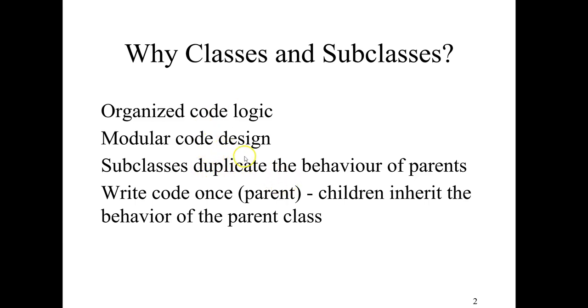We want the similar behavior, but we don't want to rewrite the code. And it also forces us to be organized into hierarchy. We have parent, general things that are done in this code, and the code in subclasses has all the capabilities of the general class, but additional features. And it's forcing some organization in our code.